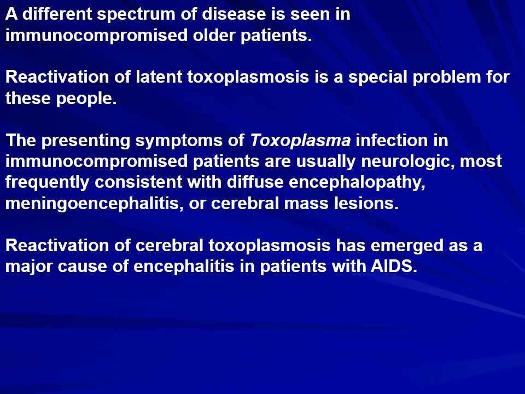Remember that if untreated, the parasite can disseminate to other organs, and these patients, if untreated, may experience pneumonitis but also hepatitis among others. The reactivation of cerebral toxoplasmosis has emerged as a major cause of encephalitis in AIDS patients mostly.